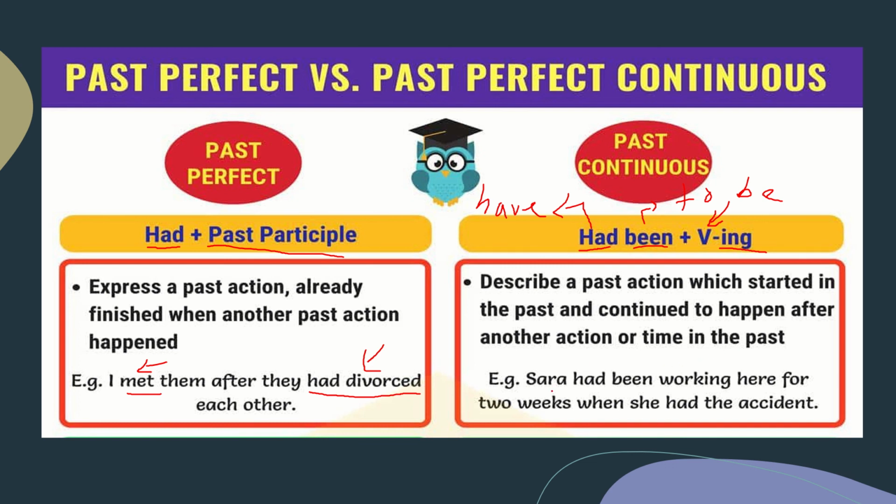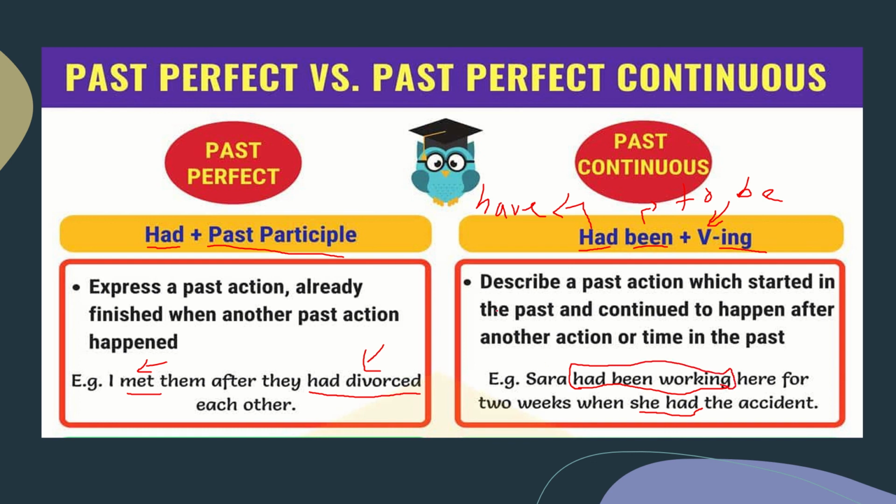For example, Sarah had been working here for 2 weeks when she had the accident. So this action here is the past perfect continuous, or past perfect progressive.